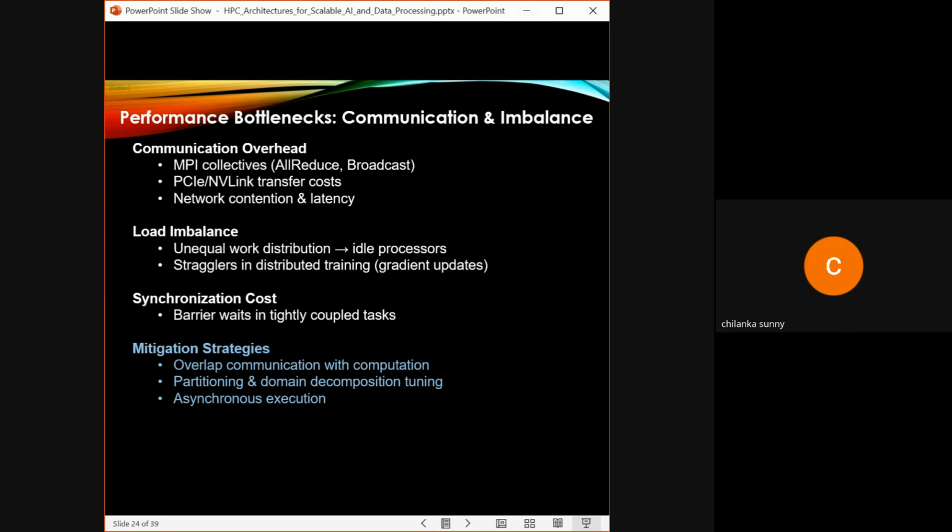The distributed system requires frequent data exchange to stay synchronized, and that becomes the major bottleneck. For instance, MPI collectives like all-reduce or broadcast are widely used in AI training and HPC workloads. But as the number of nodes increases, these operations get more expensive since they involve many-to-many communications.